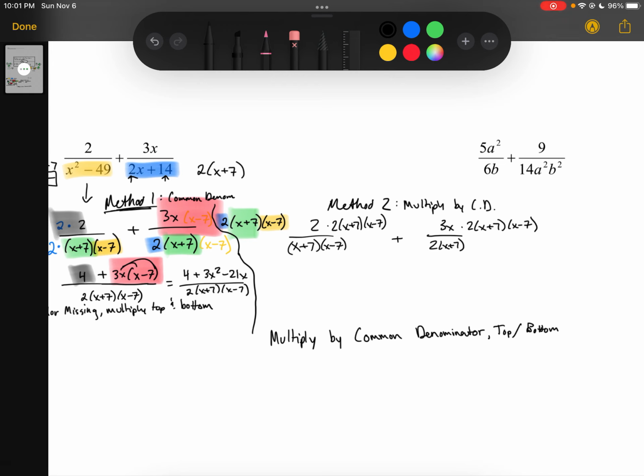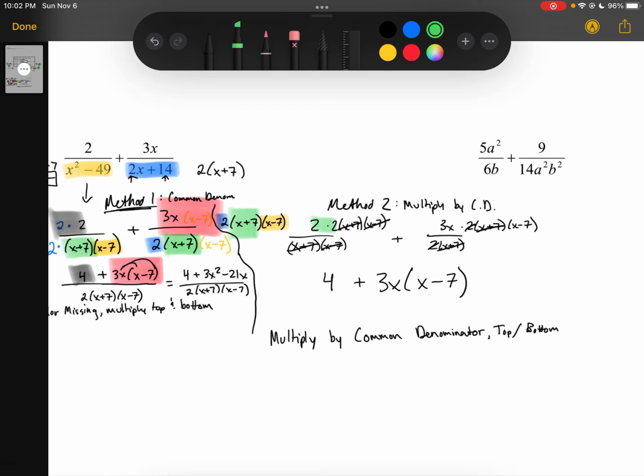By doing this, it's going to allow us to get to a place where everything is simplified. So we can see things that we already have. x plus 7 cancels out, x minus 7 cancels out, so 2 times 2 gets us 4 for our first term. And then for our second term, x plus 7 and x plus 7 cancel out, 2 and 2 cancel out, so we're left with 3x, and then x minus 7 is left over here.